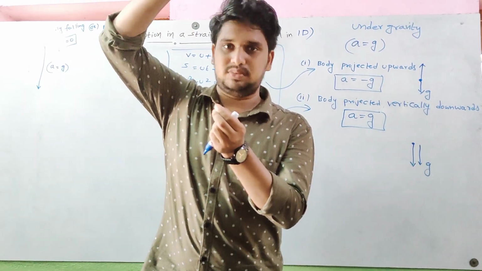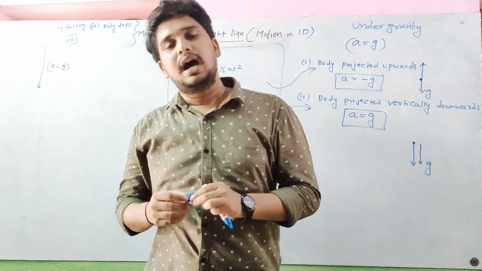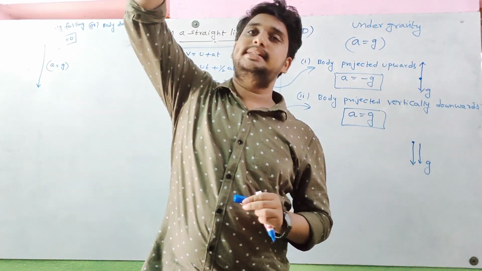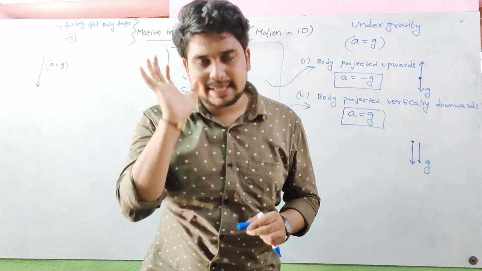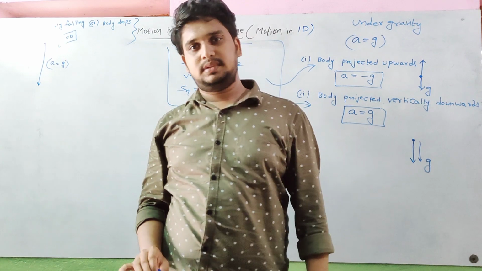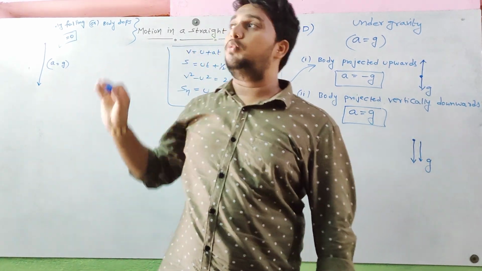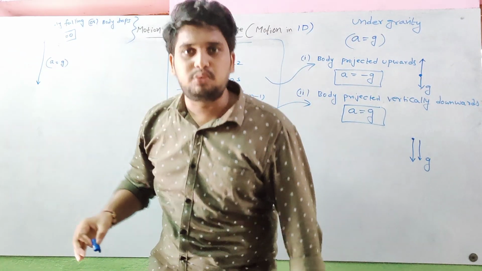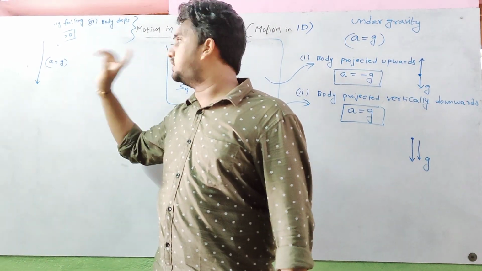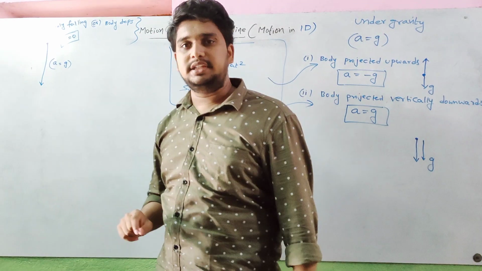That means when the body reaches maximum height, its final velocity is equal to 0. Same concept here: when a body moves downwards, freely falling or dropped, the initial velocity of the body is 0.